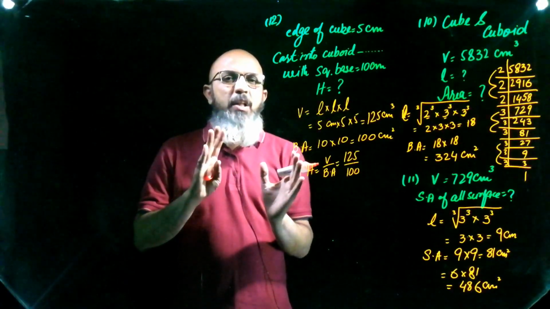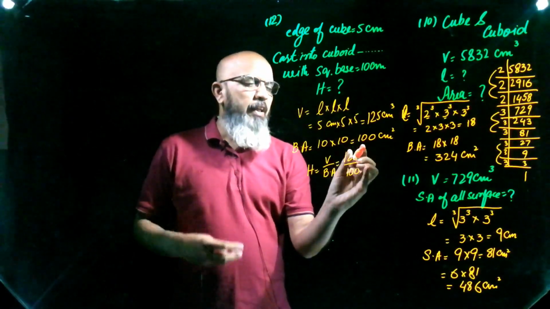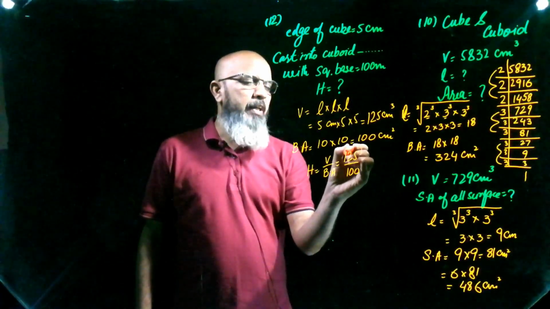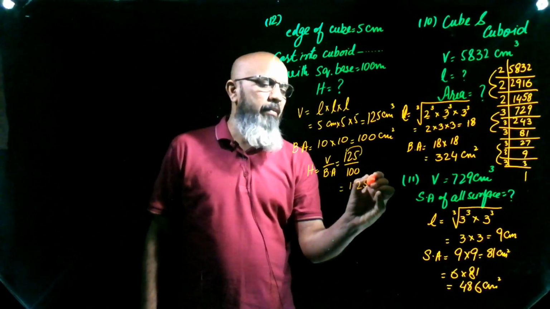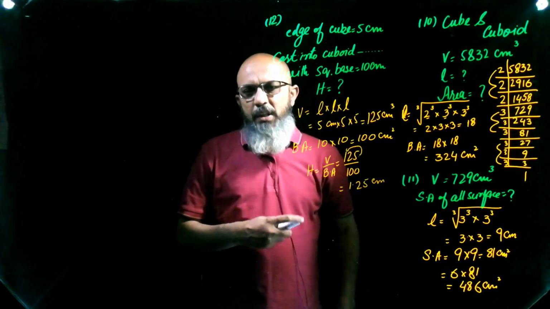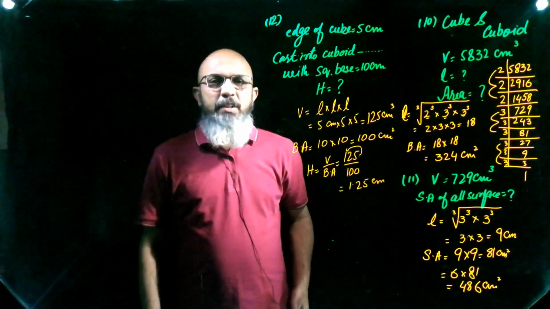Simply we have to change the decimal position and we will get our answer, right? So 10 means its decimal is here, divided by 100, 2 zeros, so the point comes here. Your answer is 1.25 centimeter. So I hope you understand this question as well. So now move forward to the next questions.